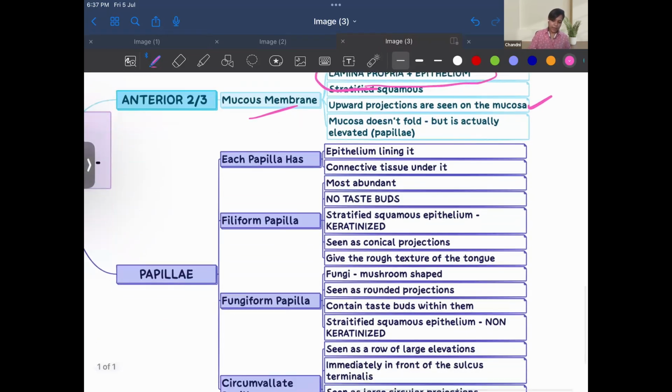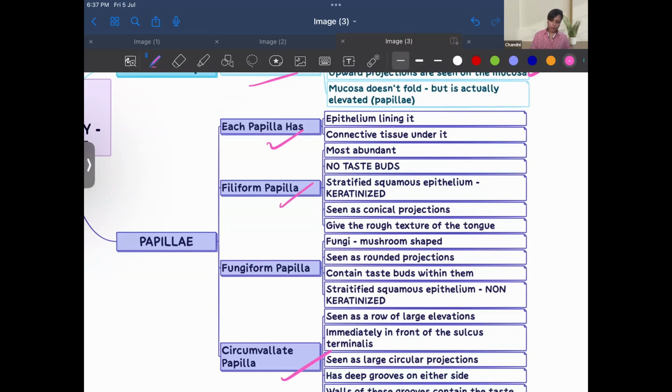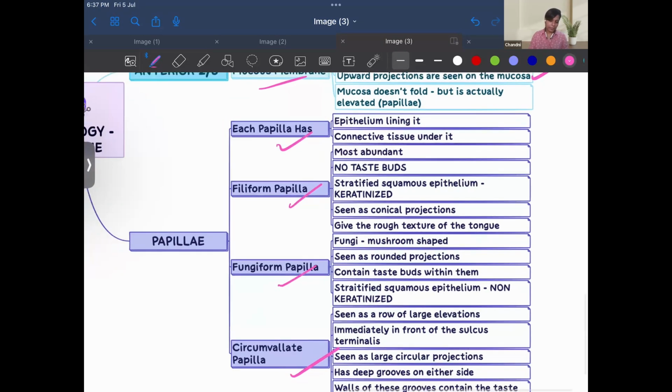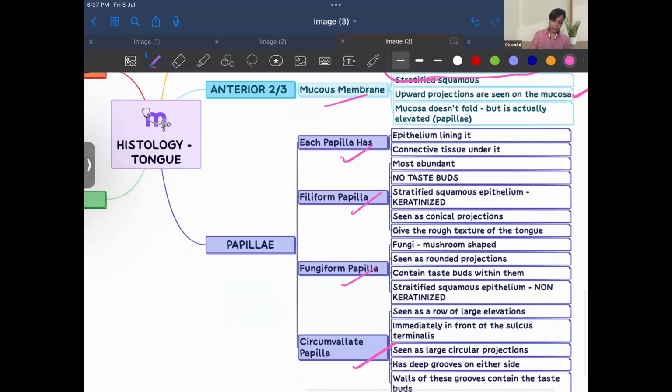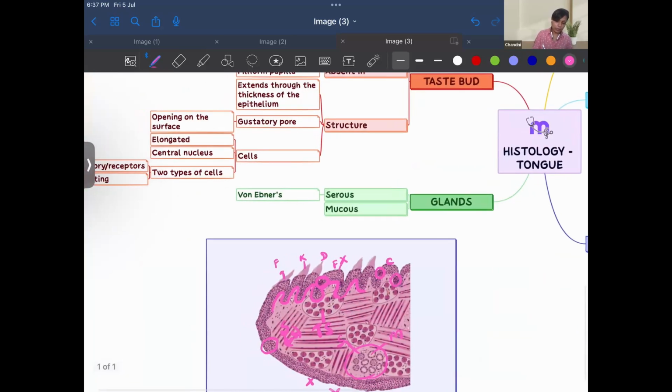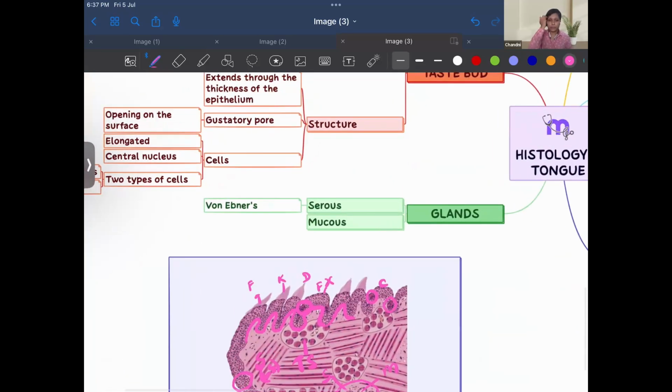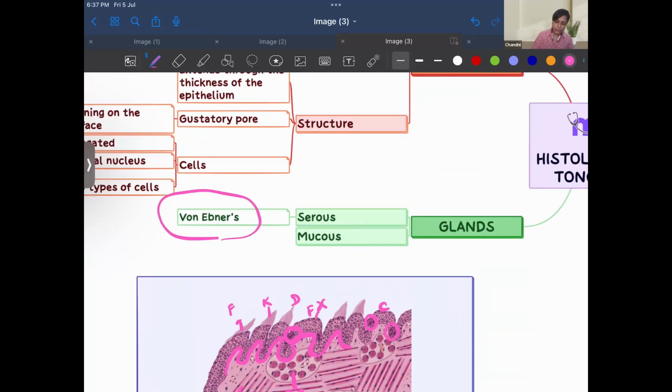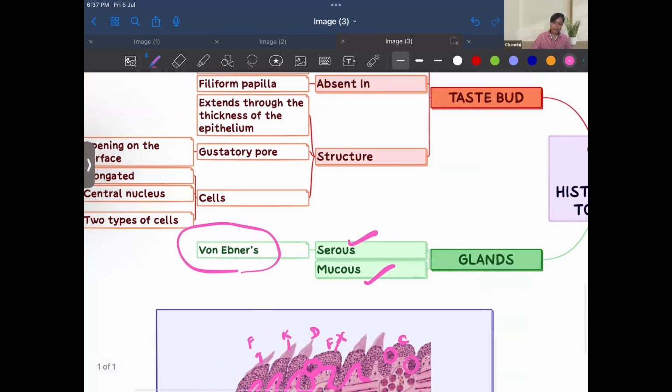What about the different types of papillae? We spoke about it. And then we spoke about the glands. Yes, the serous glands are also called von Ebner's glands. I think this is a neat question. It's also a viva question. So you have to remember the serous glands of the tongue. The other name for it is von Ebner's glands. Other than that, you have mucous glands.